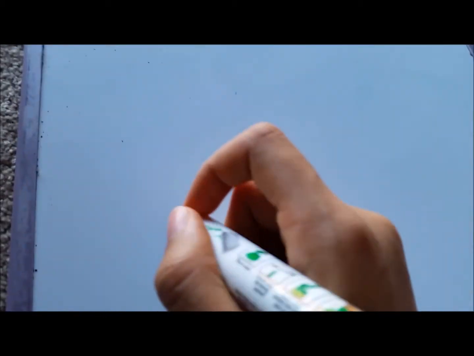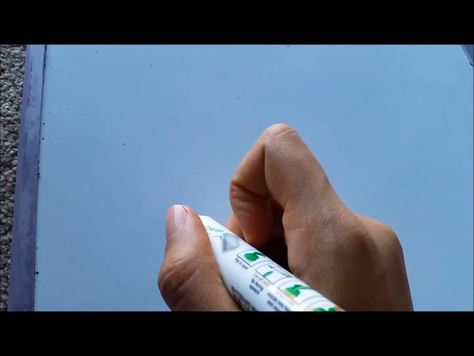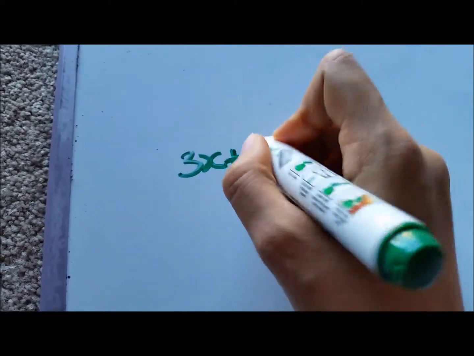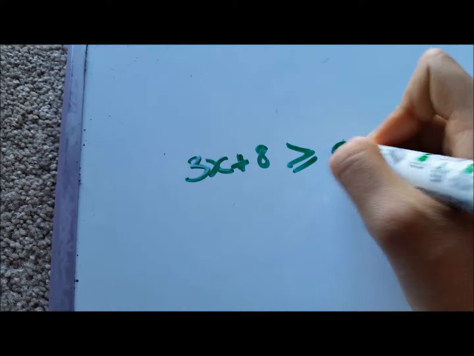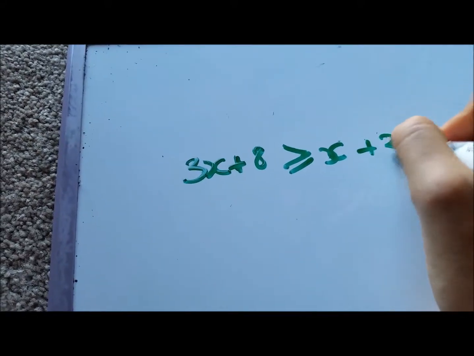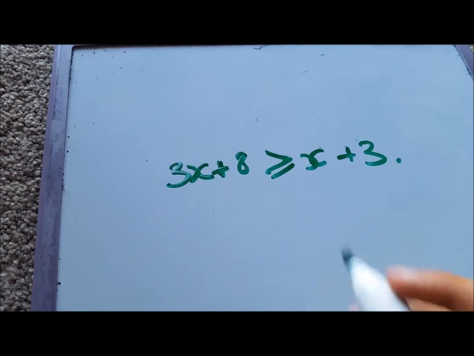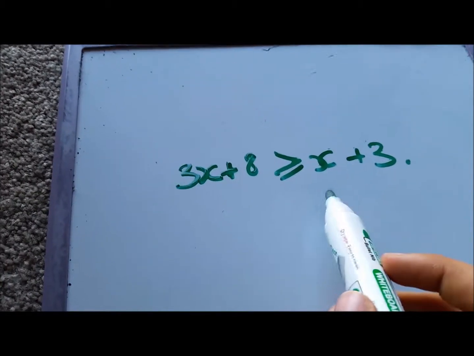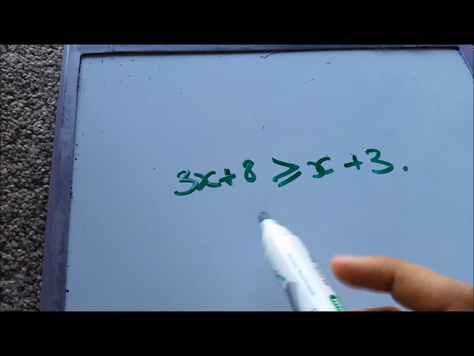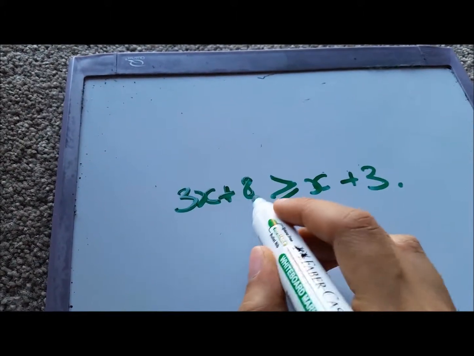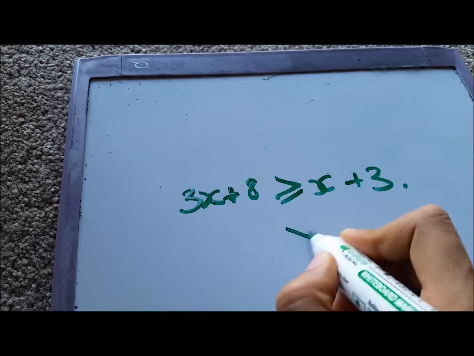Okay, let's look at an example. Let's say we've got 3x plus 8 is greater than or equal to x plus 3. What we want to do is simplify this inequality, and we do that by first subtracting 8 from both sides.